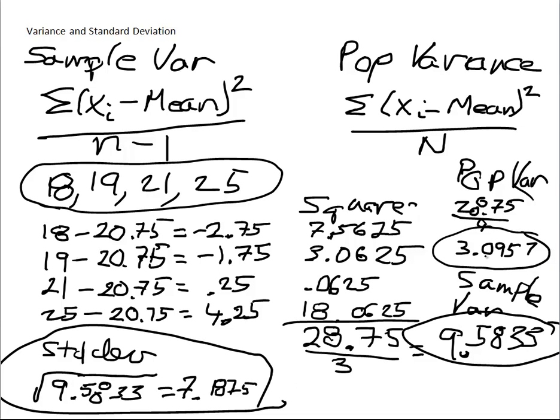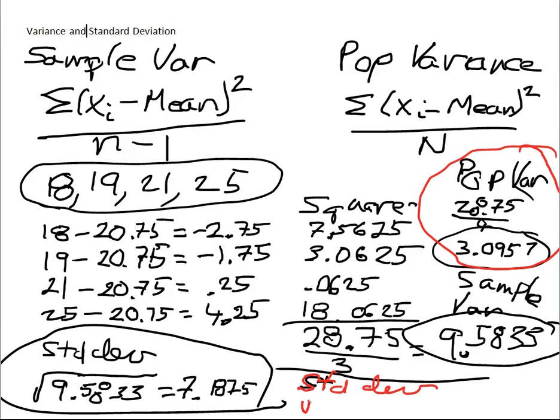Now what about my population standard deviation? So let's draw a line up. Shall we put it right here? So we're going to put standard deviation. And actually let's put a different color to make sure it's clear which ones I'm doing. Population. So here's the population right here. And so I'm going to just show that that goes with that one. Here's my standard deviation, which is the square root of what?